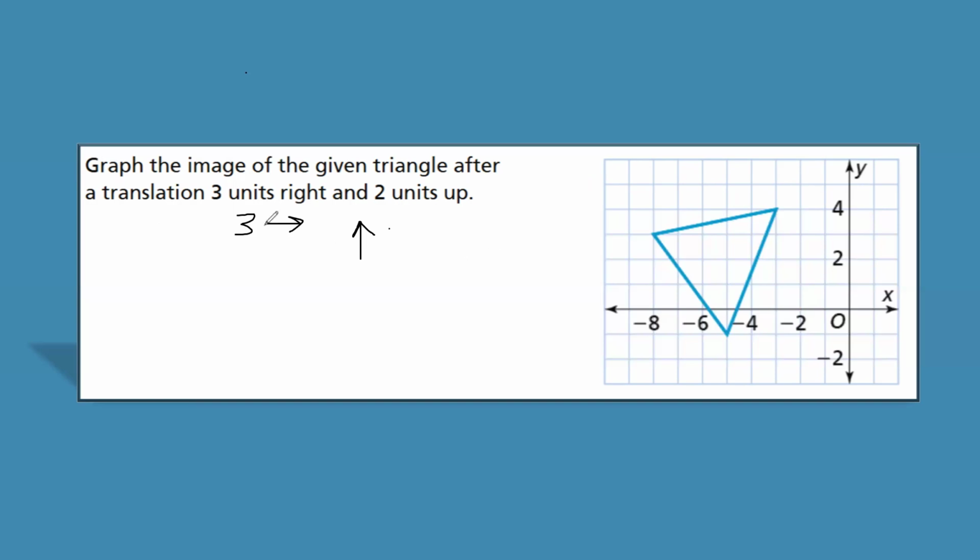Let's start. 3 units to the right. So I will start with this point. 1, 2, 3 units to the right, and 1, 2 up. So this is the first point. Next one: 1, 2, 3 steps to the right, 2 steps up. And the last point here: 1, 2, 3 to the right, 2 units up.